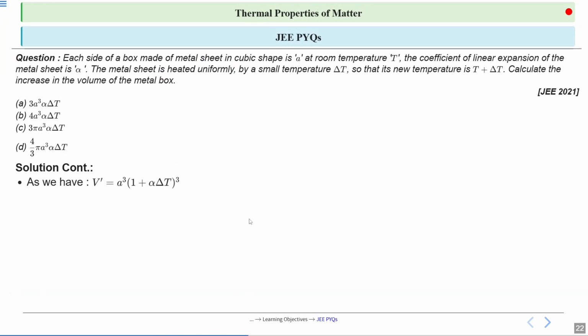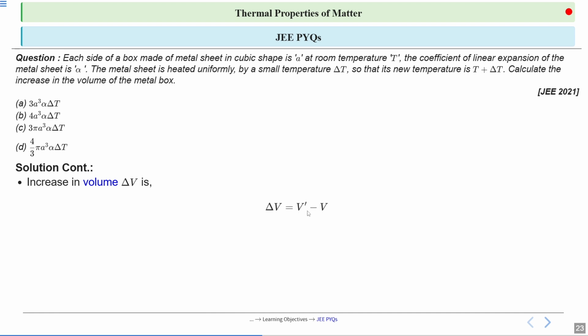So as we have the new volume equal to A cube into 1 plus alpha into delta T whole cube, V prime is equal to A cube into 1 plus 3 alpha delta T. Solving this, you get A cube plus 3 A cube alpha into delta T. Now the increase in volume delta V is the final volume minus the initial volume.